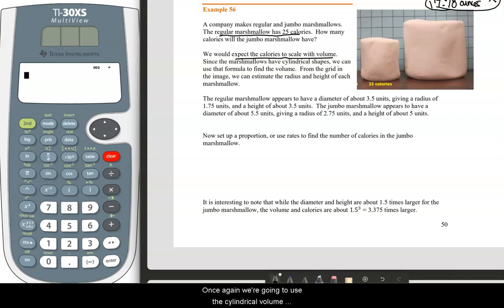And once again, we're going to use the cylindrical volume formula, which is volume equals pi times r squared times the height of the cylinder. Now we're going to look over here on this grid, and we have some numbers show up in this paragraph. Going across this, it looks like that's about 3.5, maybe.